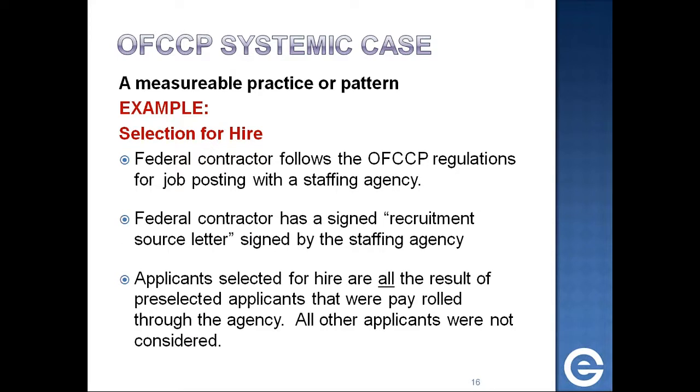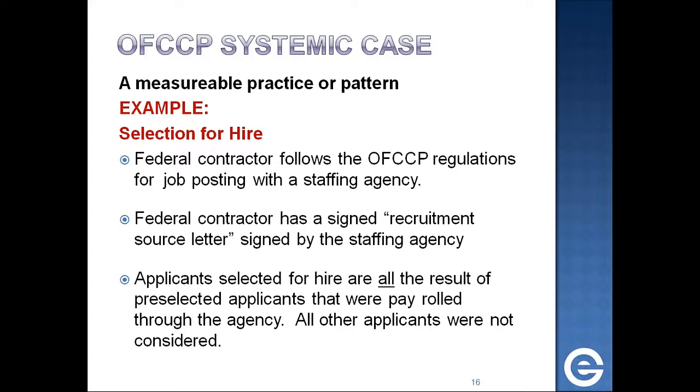In this case, the contractor followed the OFCCP regulations for job posting with a staffing agency. So can you do this? A lot of you use staffing agencies? Yes. But let's say you have an agreement with the staffing agency that they will do job postings outside their company. They will reach out to the state employment office. They'll reach out to the disabled.